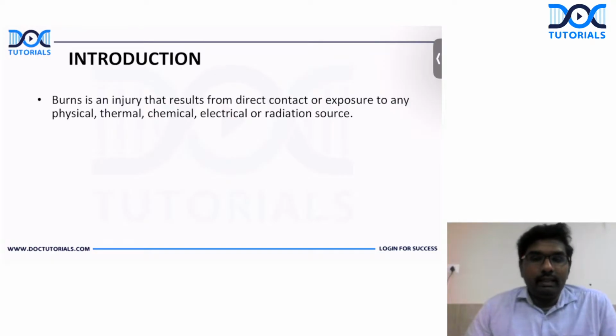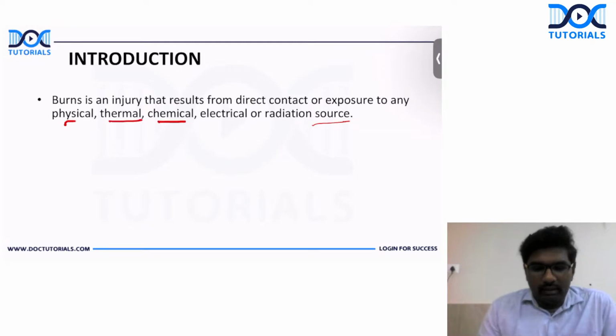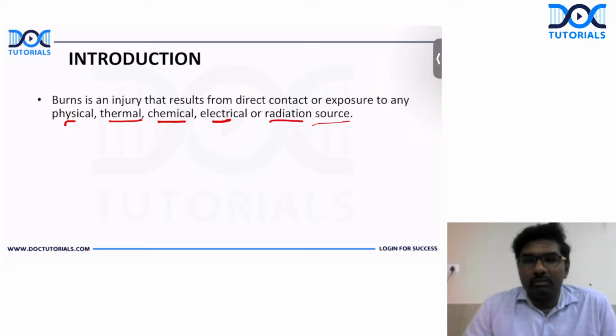Burns is an injury that results from direct contact or exposure to a physical, thermal, chemical, electrical, or radiation source. The source includes a physical injury, a thermal one, chemical burns, an electrical one, or exposure to radiation, which can cause radiation burns.